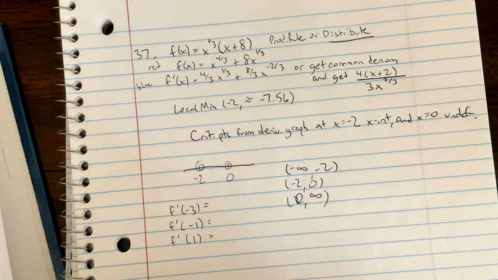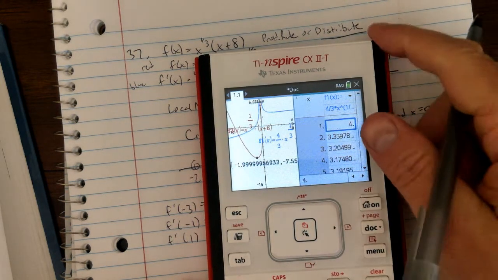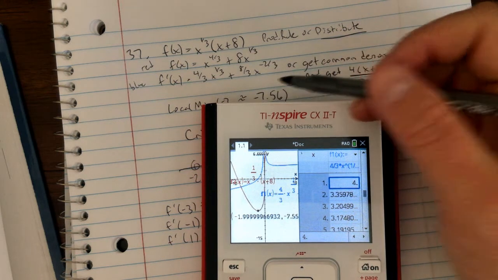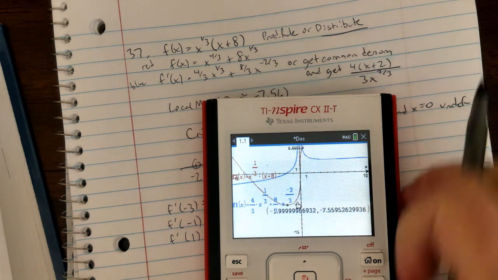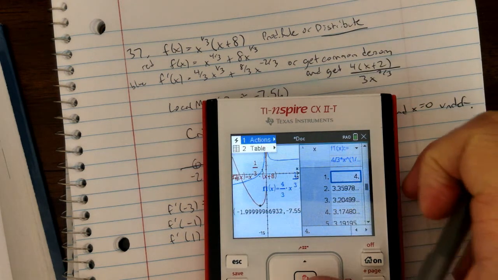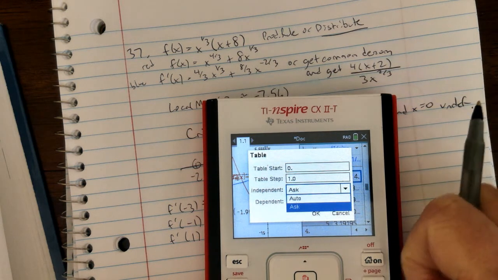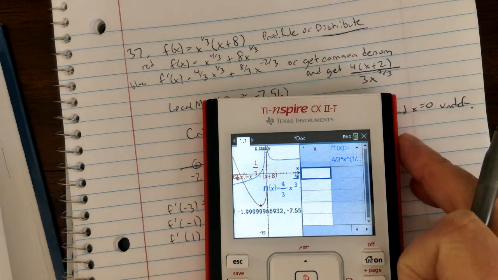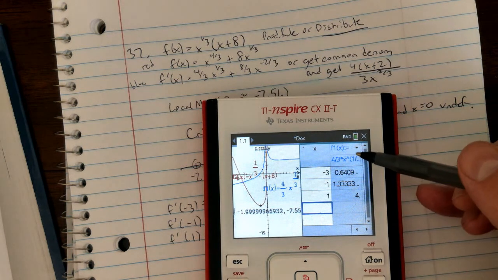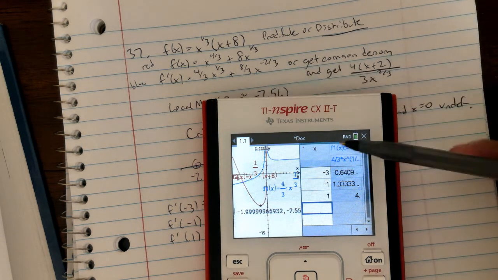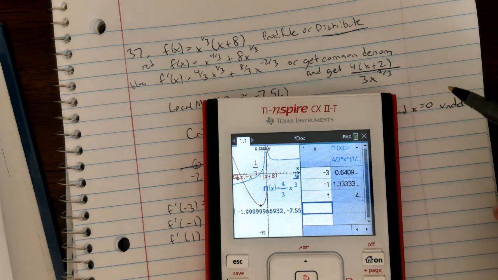So if I go back to my table, my derivative was the blue function in this case, and let's go to the table, settings, independent task, and we need -3, -1, and 1. Again, the blue one in my case was the derivative graph, and so I get a negative, positive, positive.